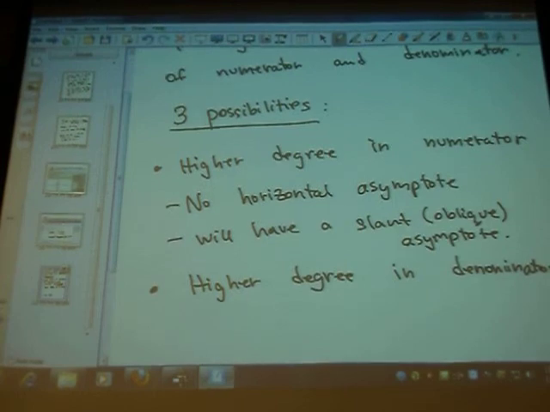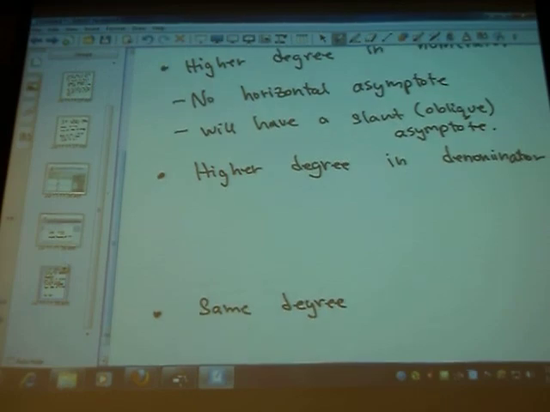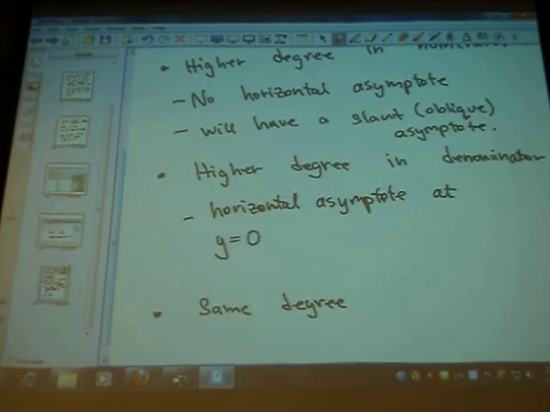Okay, what if we have a higher degree in the denominator? That's where you have a horizontal asymptote, sorry, not vertical, horizontal, at y equals 0. Okay?